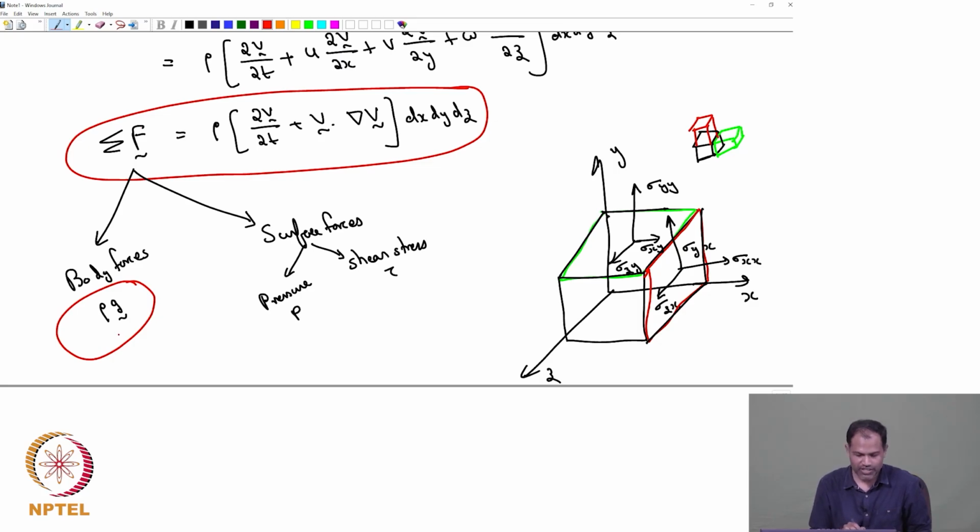So, there is a rho g that we have from the body force, and then we have a shear stress term that is going to come here.